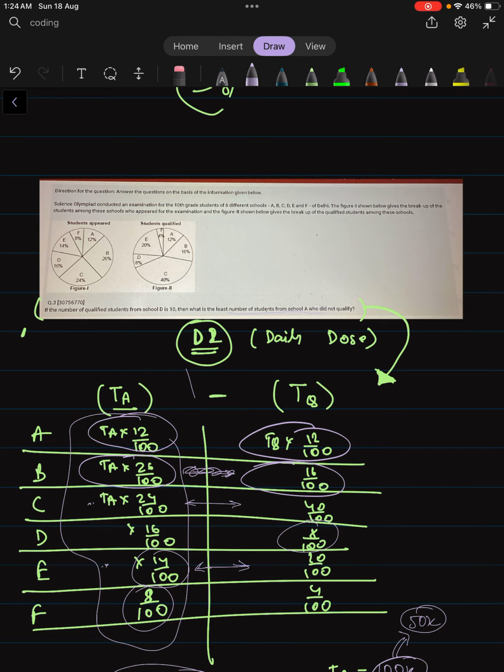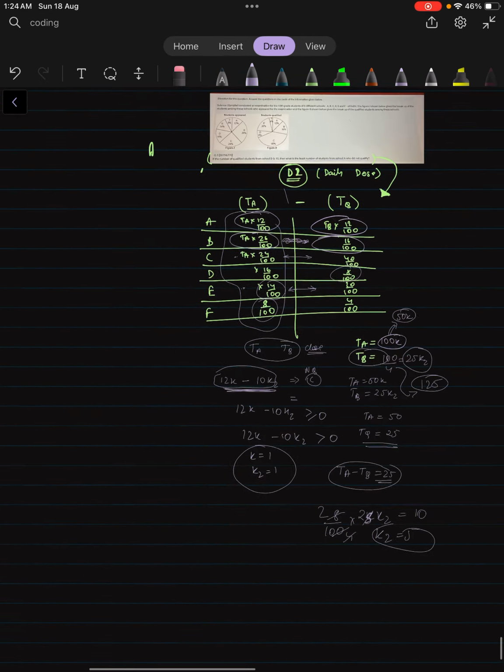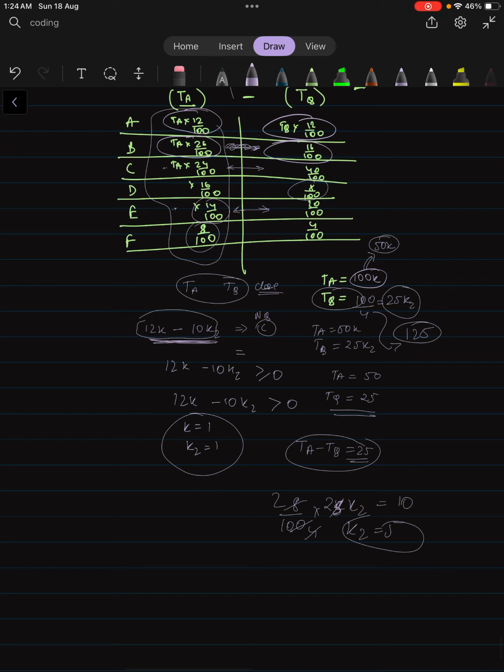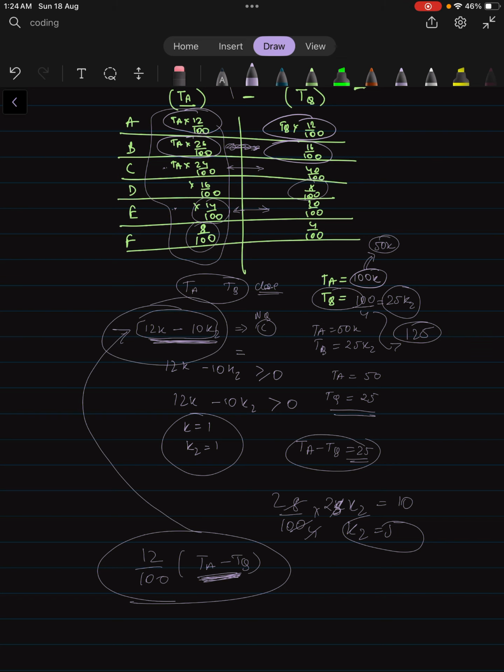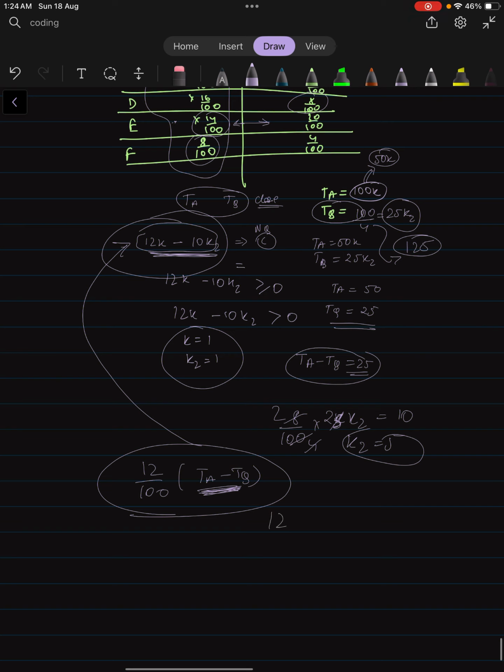What is the least number of students from A who did not qualify? Again going back to A, 12% can be taken common. TA minus TQ will give me the value, and we want to minimize this value. Again we will go back to our minimum ratio, which we were getting for 12k minus 10k2. This has to be greater than or equal to 0. Now k2's value is 5, so this will be 50. 12k minus 50 has to be greater than or equal to 0.